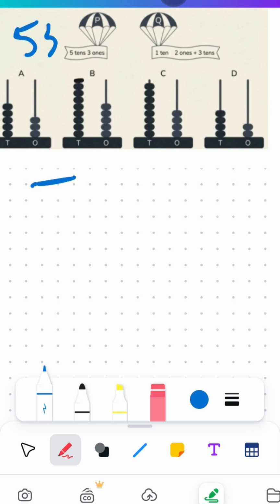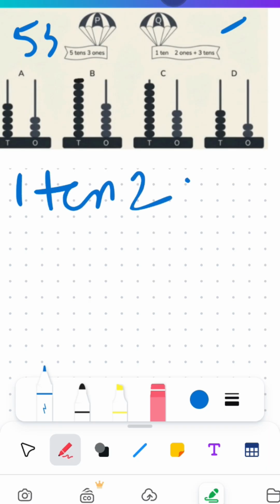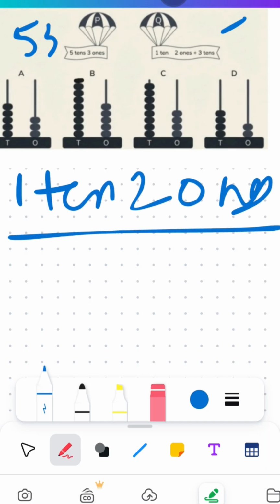Now we will check this value. What is written? 1 ten, 2 ones. What is the short form of this? 1 ten means 1, and 2 ones means 2, so 12.